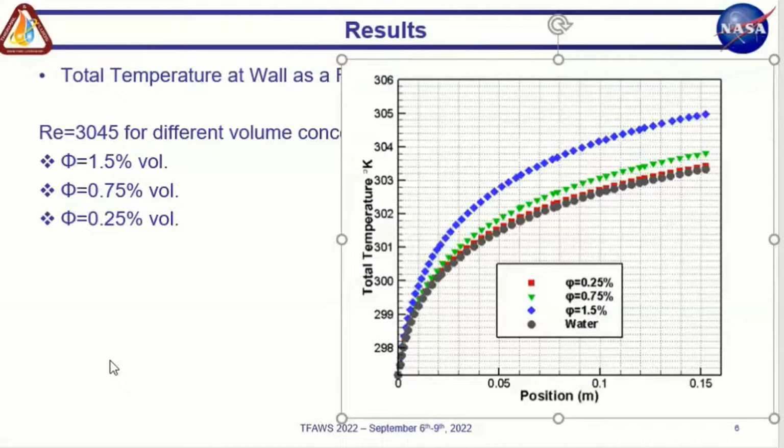I don't think it happens necessarily at 1% volume fraction, but for some nanofluids at certain concentrations, yes, the behavior becomes non-Newtonian, which is a problem. And so we didn't look at that yet. We didn't encounter this here.